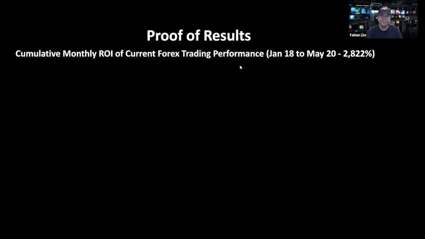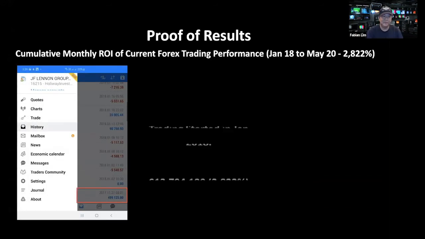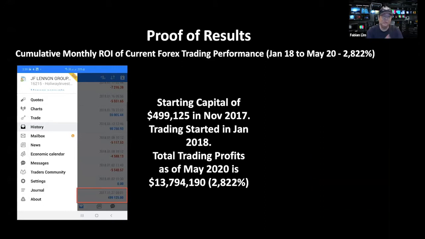Moving forward, showing you screenshots of evidence of that Excel graph itself, because this is really a lot more authentic. You see the account number itself, you see the company name, you see the date of the deposit for 499125.